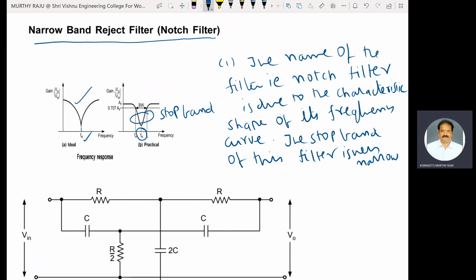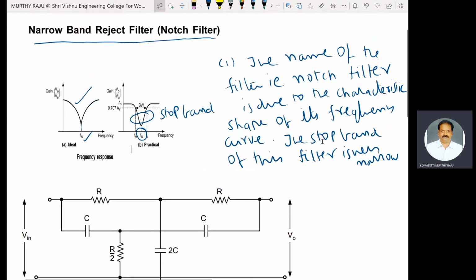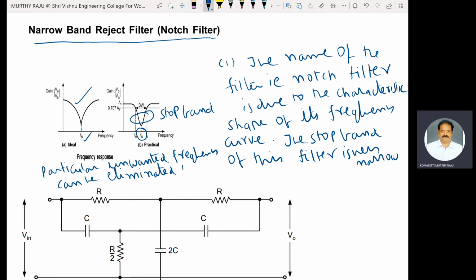A particular unwanted frequency can be eliminated by using this filter.